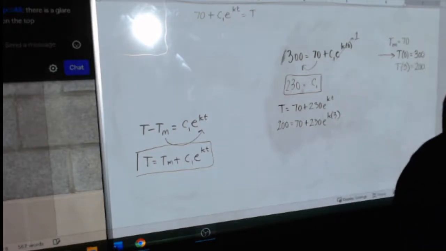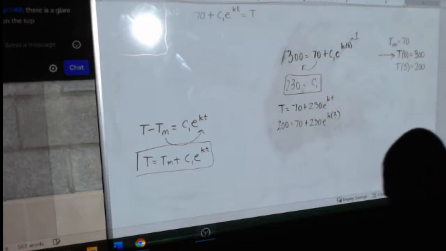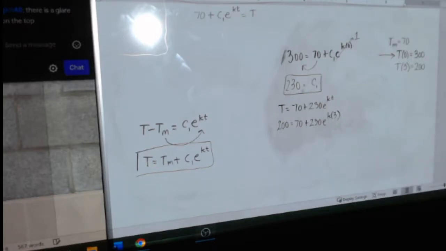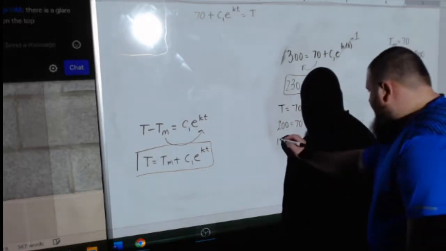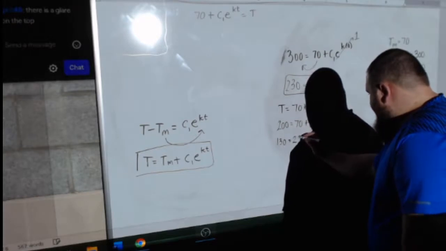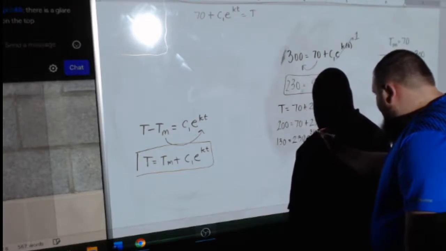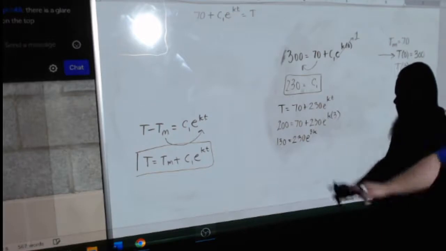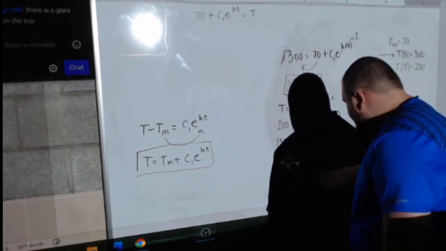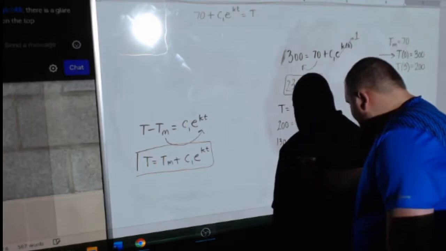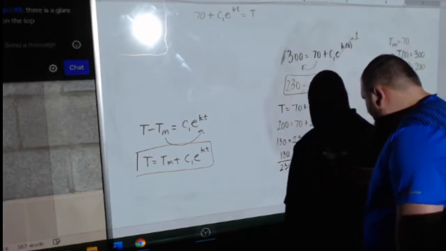Let me just step out here for a second, make sure you guys can see it. Alright, so to solve this, I'm going to move this 70 to the other side. That's 130 equals 230 e to the 3k. I'm going to divide by 230. That equals e to the 3k.